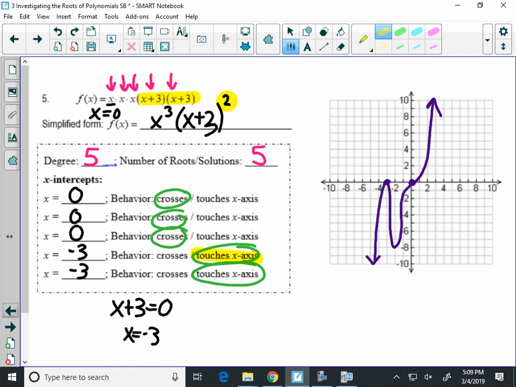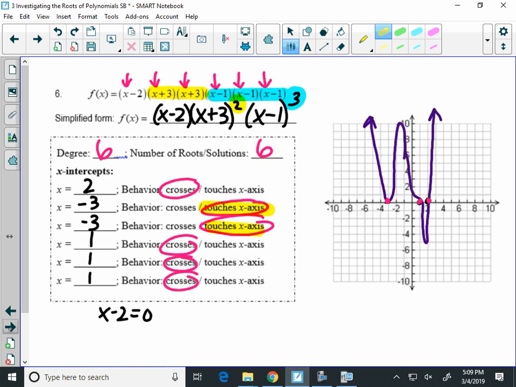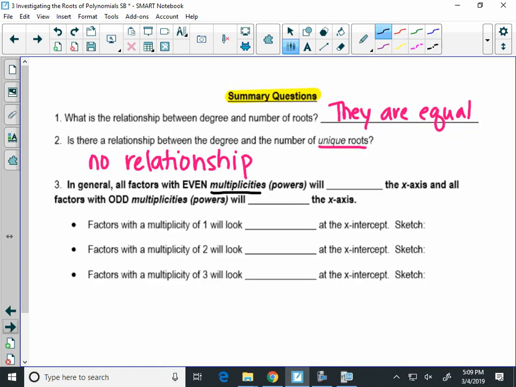That's at -3 here. I touched the axis. Same thing, if I went through all of these and -2, I touched the axis. Okay, so it looks like if I have an even multiplicity, I will touch the x-axis. Or I like to say bounce off.